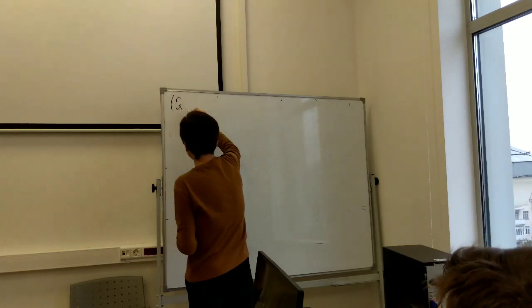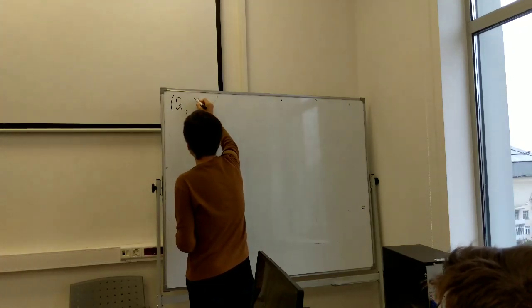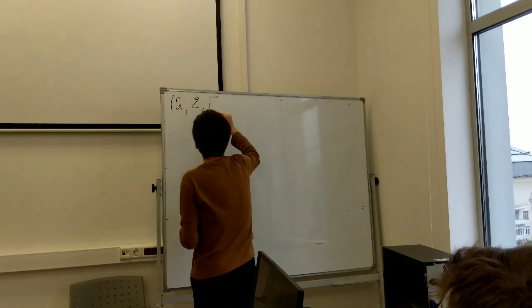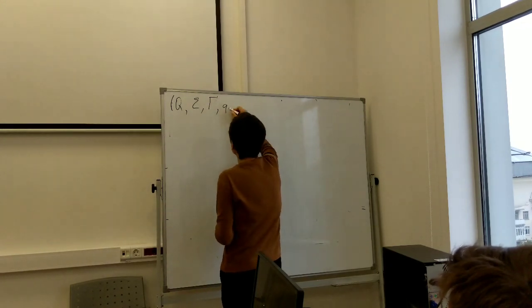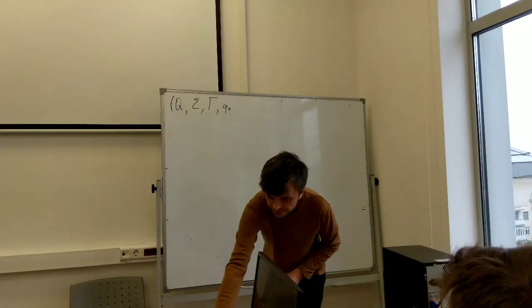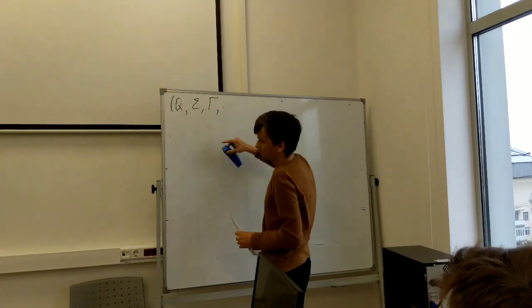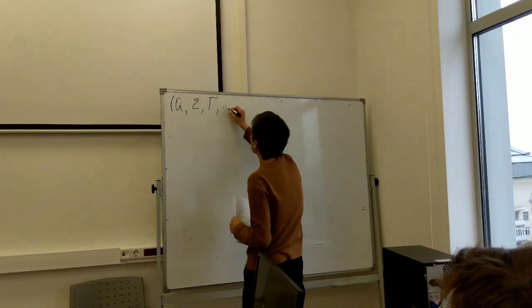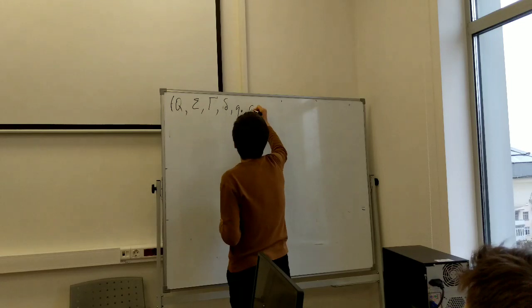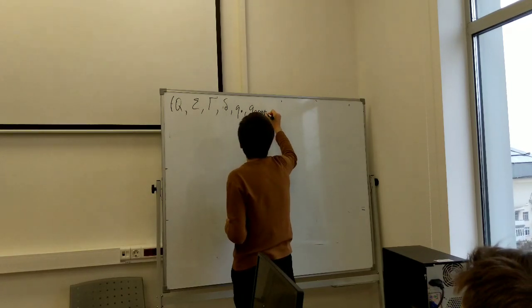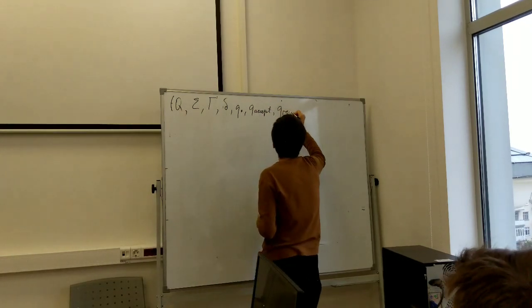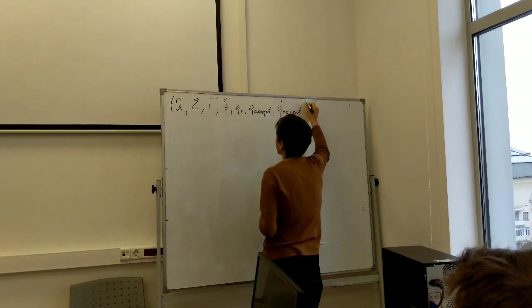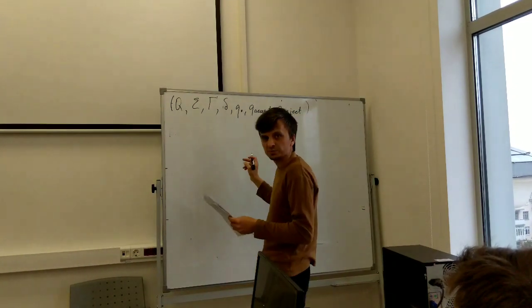So what's a Turing machine once again? You have Q, you have sigma, you have gamma, you have delta, Q0, Q accept, and Q reject. So you can encode this machine as follows.